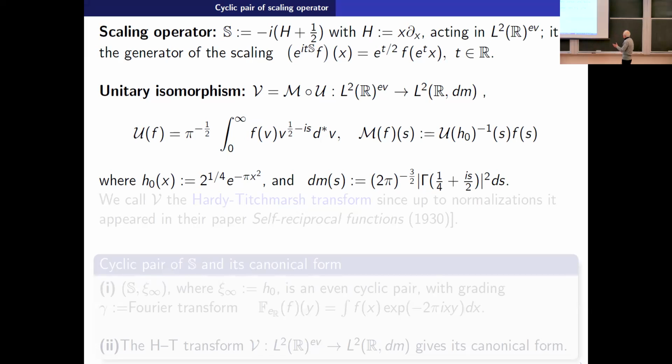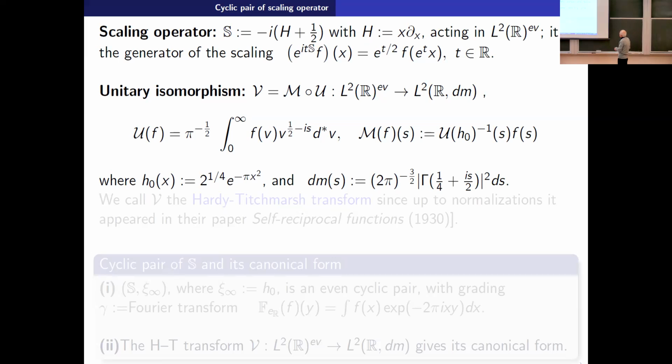I think part of it appeared already on Alan's slides, but I'm missing an S in the formula, U f of S. And then you multiply this integral by a normalizing factor, which is the following.